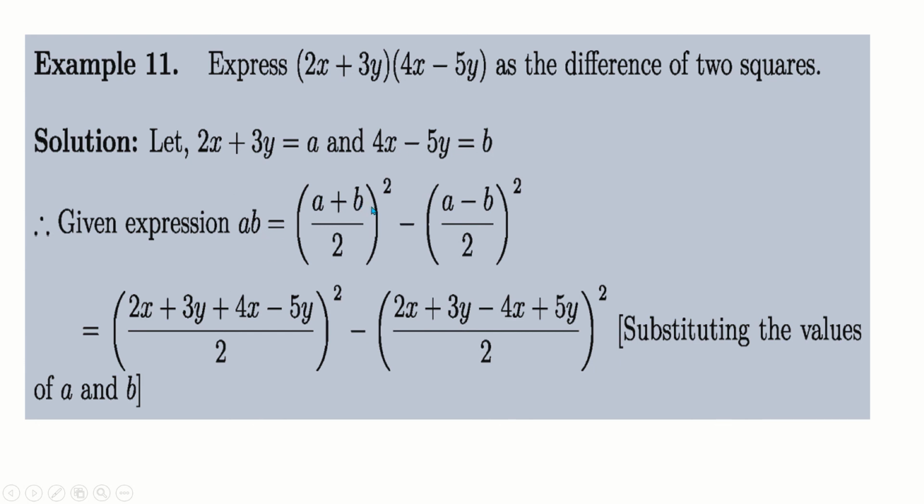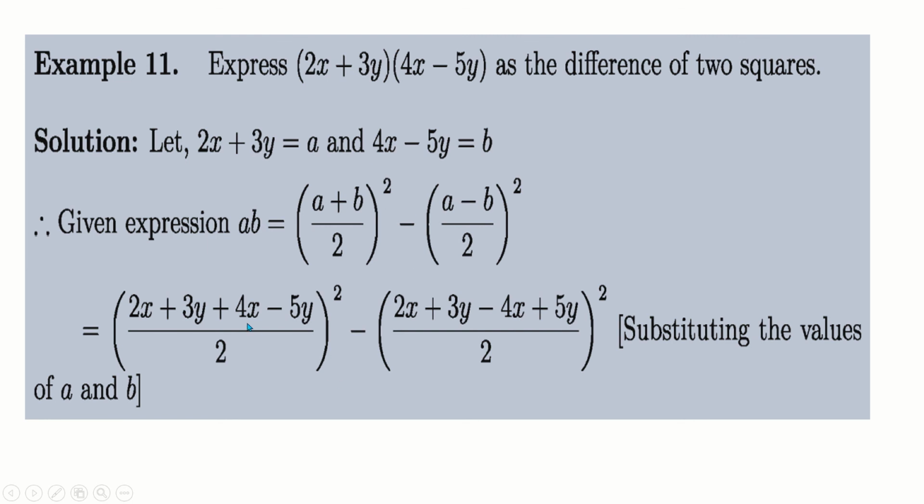Therefore ab equal to (a plus b divided by 2) whole square minus (a minus b divided by 2) whole square. Now putting the value of a and b, a is equal to 2x plus 3y and b is equal to 4x minus 5y, divided by 2, and here 2x plus 3y minus 4x plus 5y divided by 2, as here is minus, so that will be plus and plus will be minus.